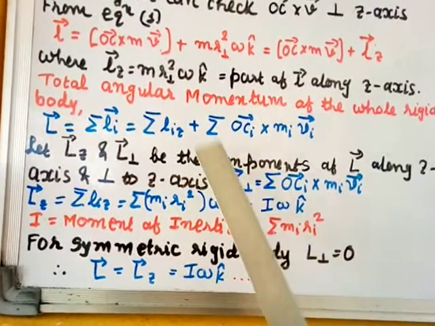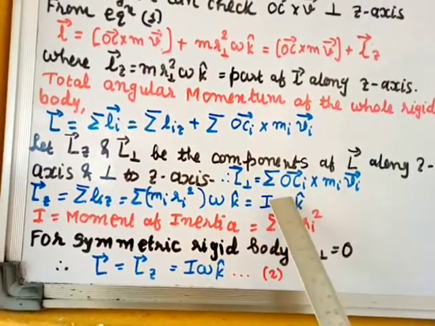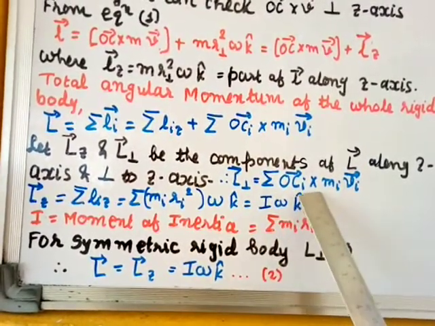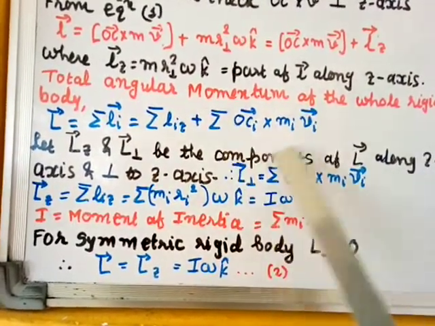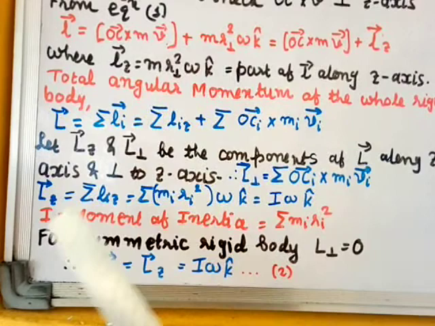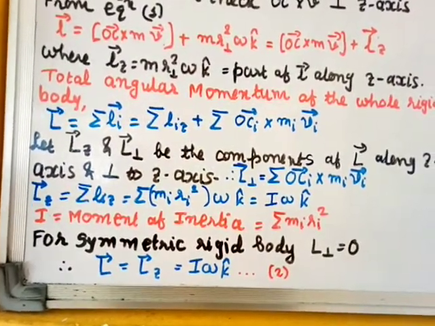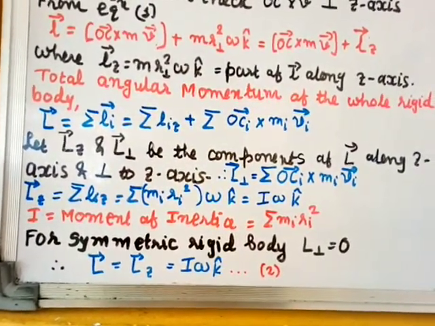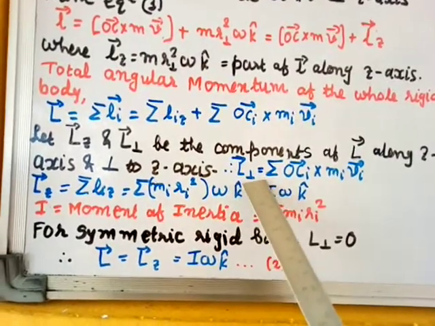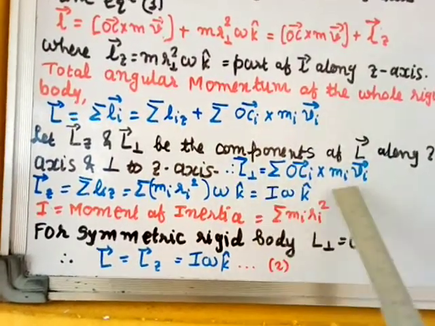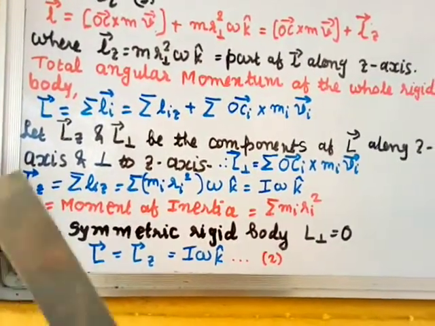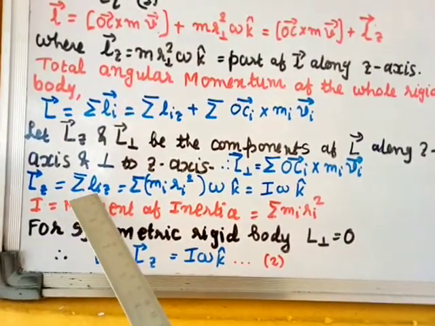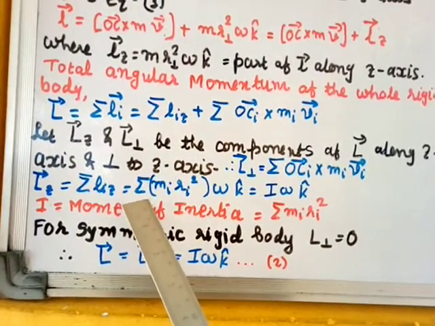So L perpendicular equals summation OCi cross mi vi. This is my perpendicular component, and this is the parallel component, along the axis of rotation, which equals summation Liz.